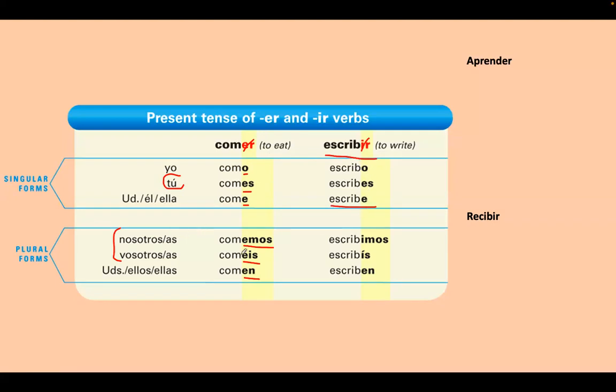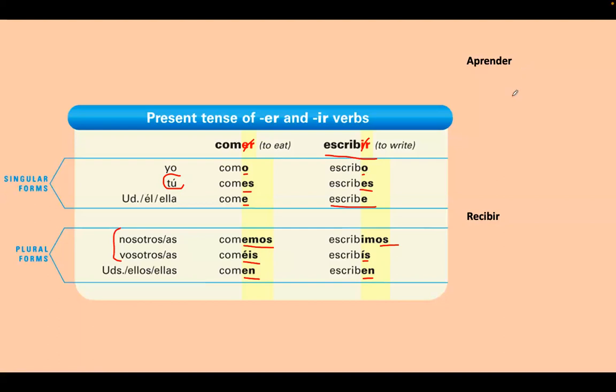Then you have nosotros escribimos, vosotros escribís, y ellos, ellas, ustedes escriben. Okay. So taking into account these endings, now let's do the conjugation of these two verbs.